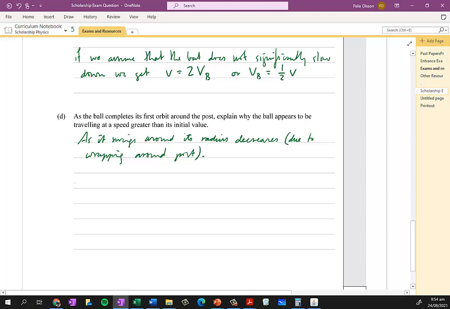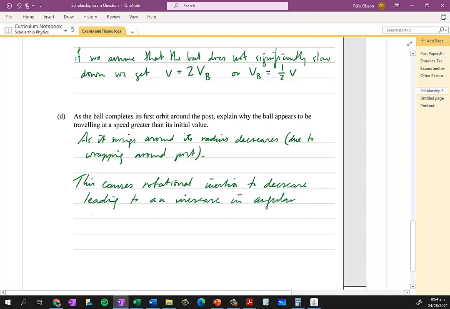This causes rotational inertia to decrease, leading to an increase in angular velocity, making it appear to travel at greater speed.